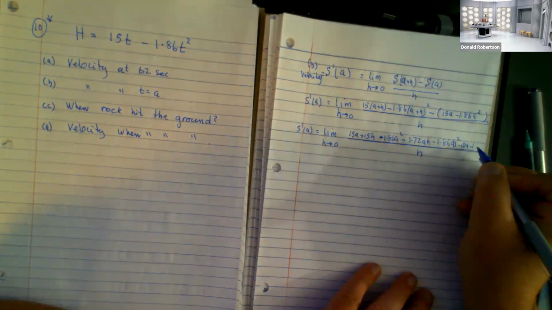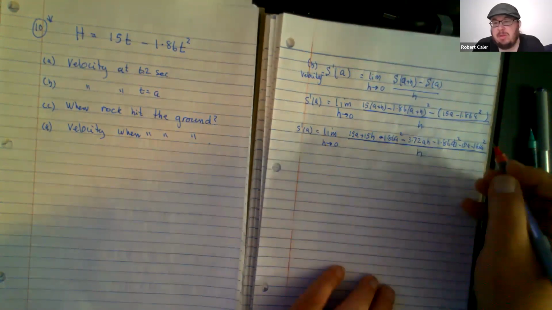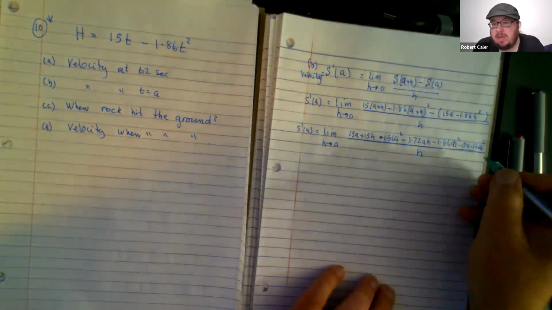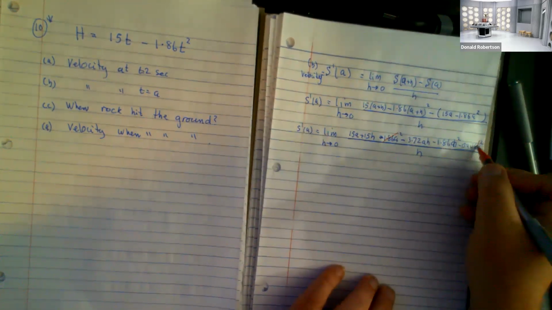And then you take away 15A and take away 1.86 A squared. Oh God, that was tight. Okay. Plus, Professor, the last term is plus 1.86 A squared. Yeah, got it. I'm now killing these two off and killing these two off.